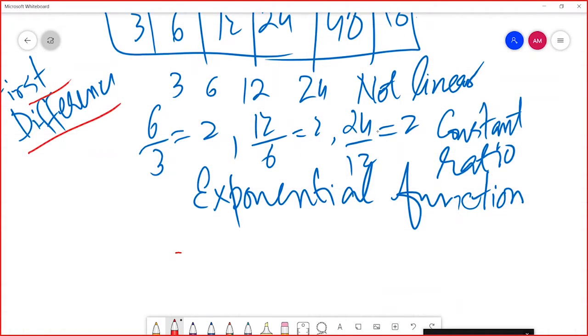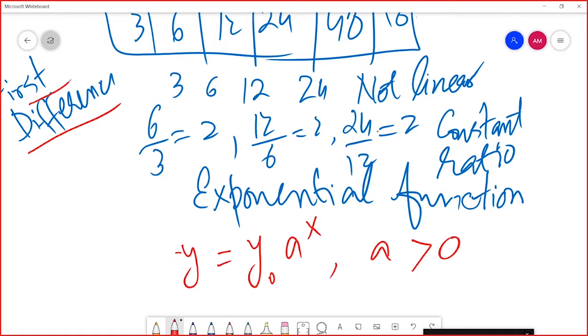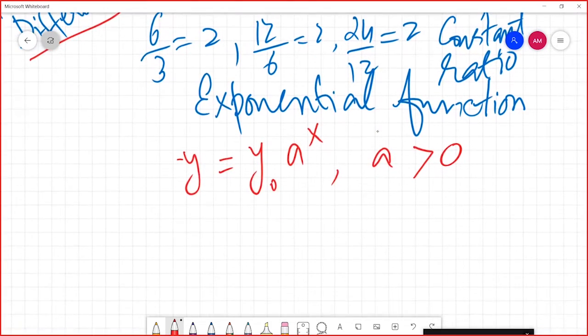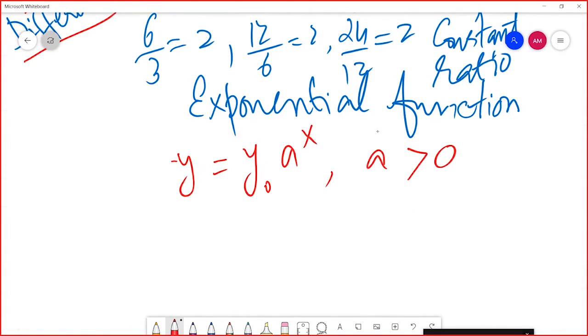So if we write y is equal to y naught a raised to the power x, where a is greater than 0, what would be the value once x is 0? When x is equal to 0, can you tell me what is the value of y?